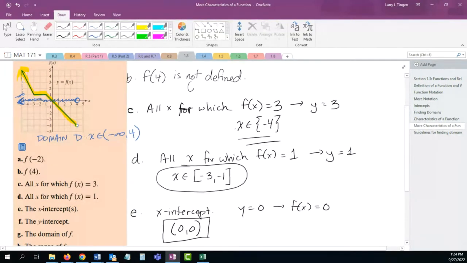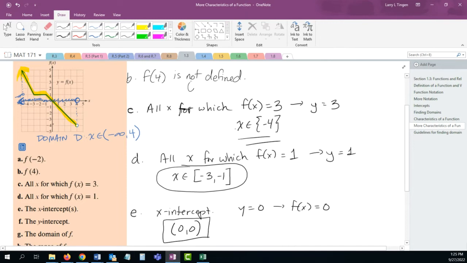All right, so whenever I'm looking for the domain, I'm looking for all the values of x where if I draw a vertical line, I hit the graph. For the range, instead of doing it for x, I do it for y.